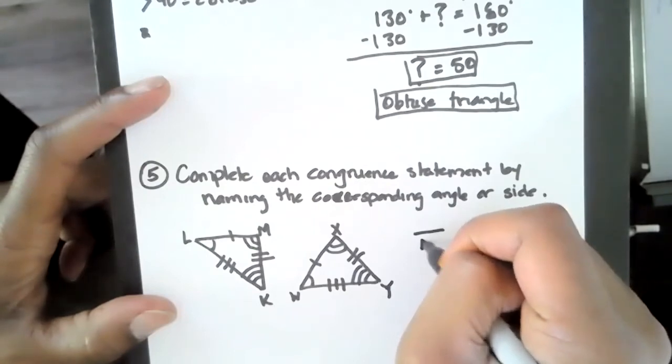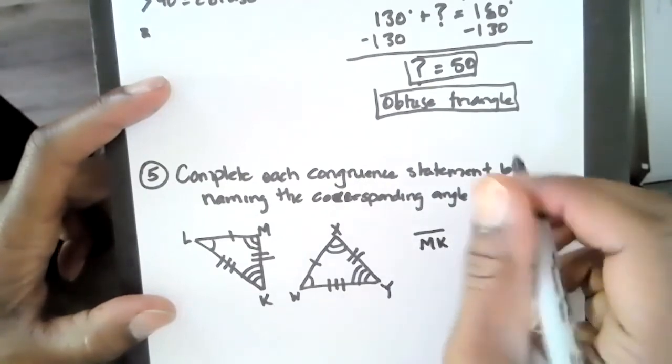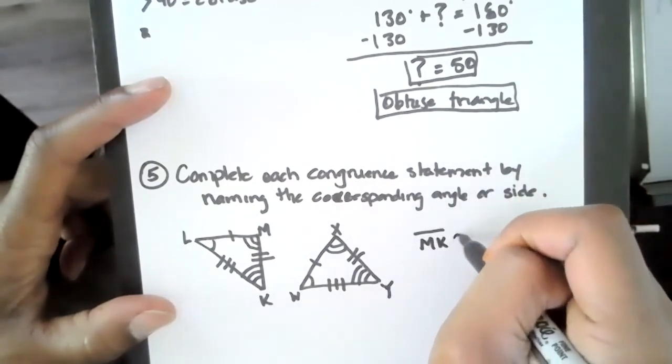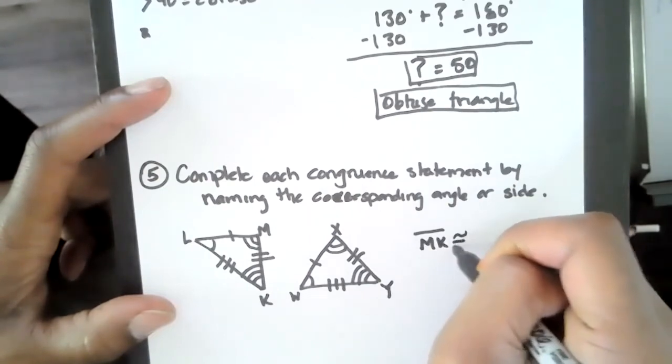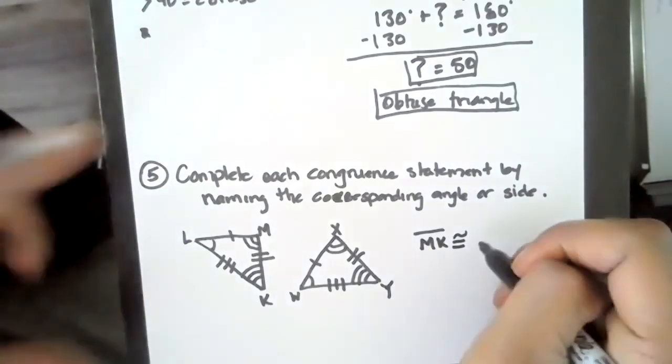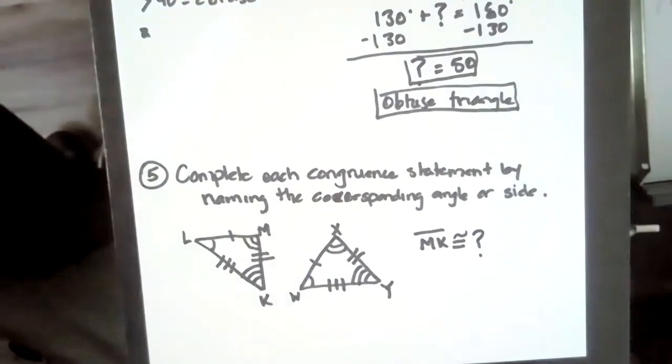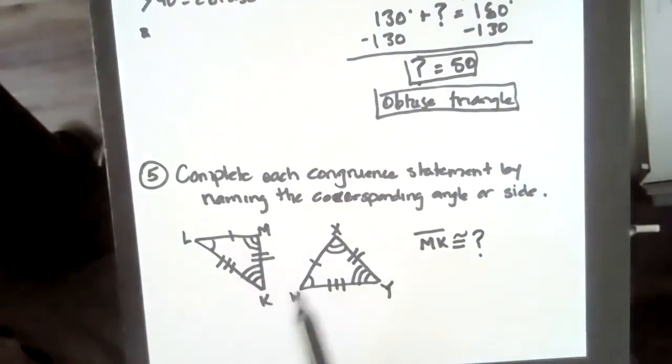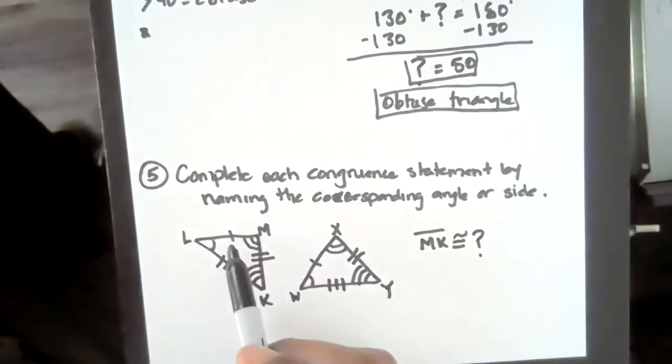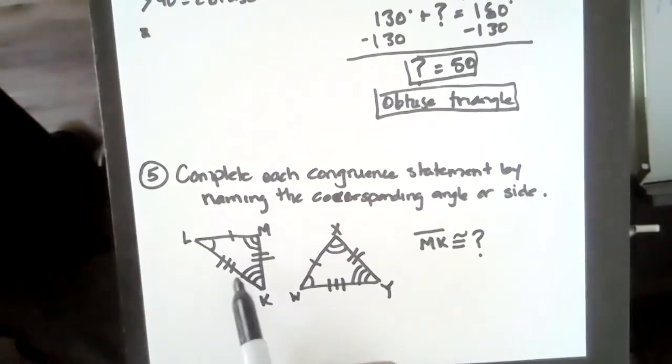So they're asking line MK is congruent to which line? These marks that we just put down here, like the 1 hash, the 2 hashes, and the 3 hashes, will correspond to a side of the other triangle.